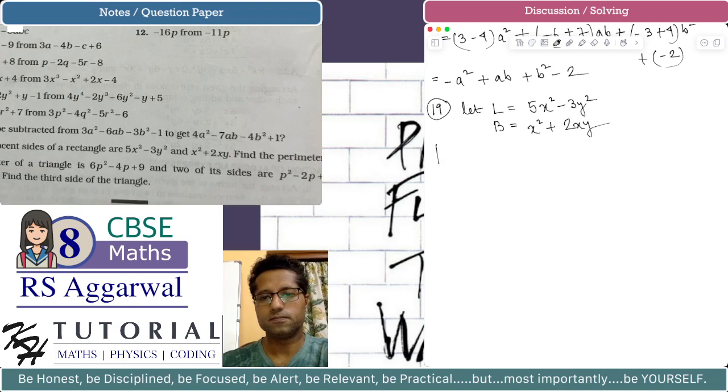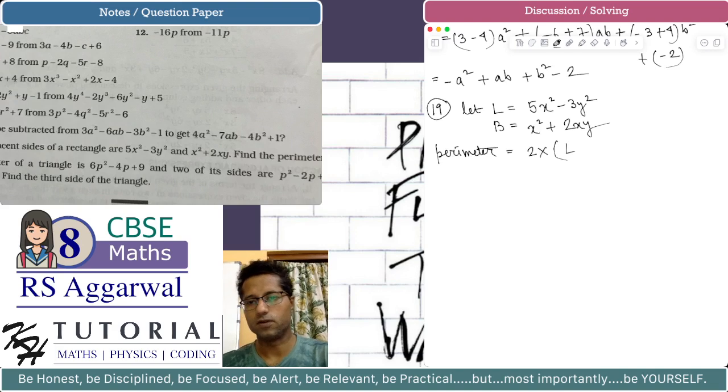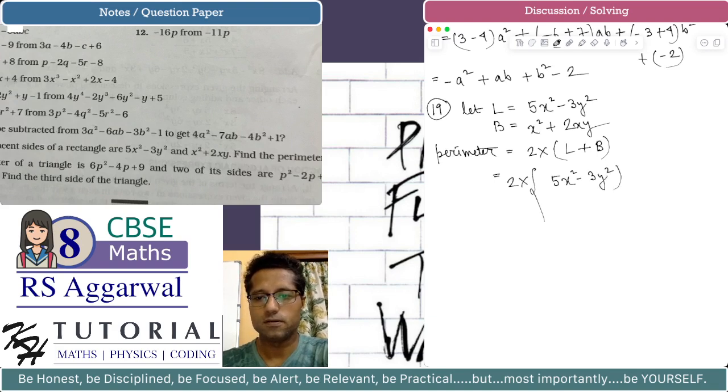So the perimeter is equal to 2 into length plus breadth. For a rectangle, the perimeter is 2 into length plus breadth. So this is equal to 2 into, the length 5x square minus 3y square, and the breadth, the algebraic expression x square plus 2xy.